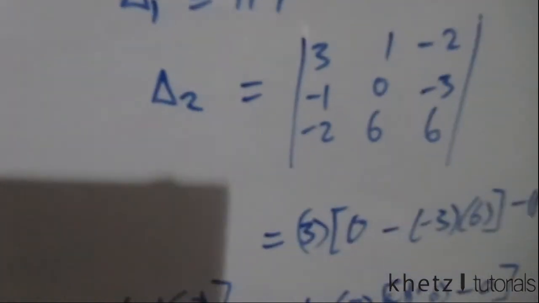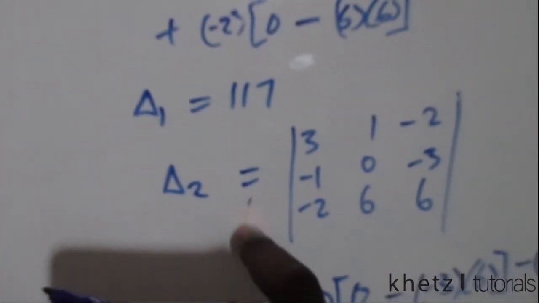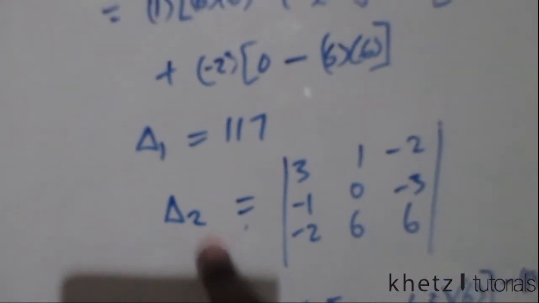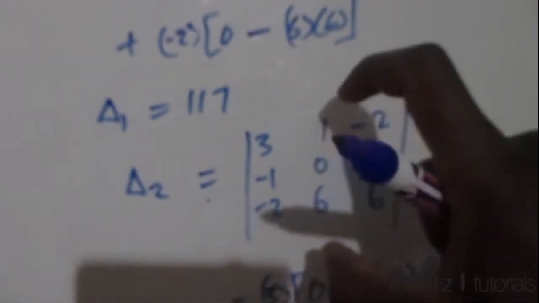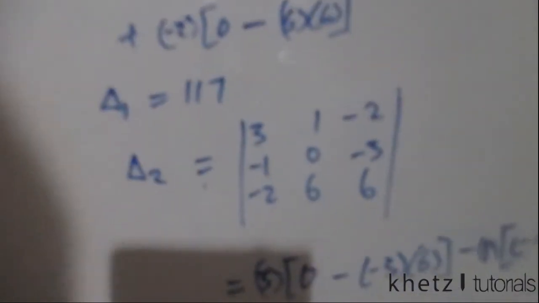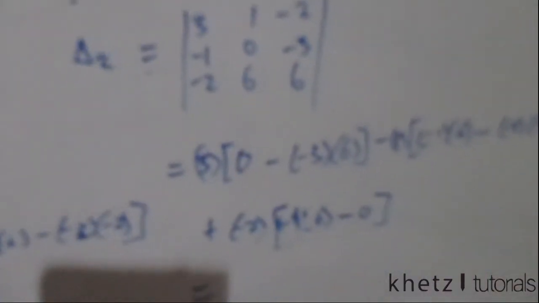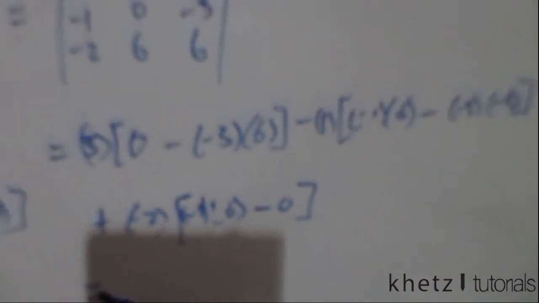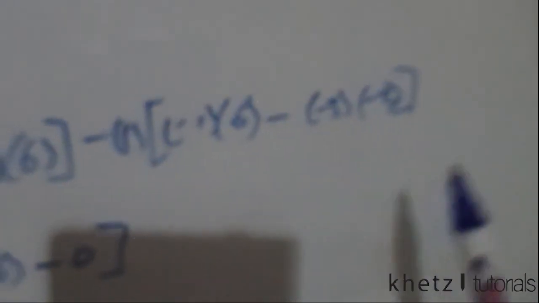Moving on to determinant 2, you basically do the same thing. The subscript matches where you put your B column. So this is determinant 2. So you put the column B in column 2 of the A matrix, and you find the determinant of that, doing just basically the same thing, taking that, and then doing the determinant of the small 2x2 matrices, which form after performing all of that.